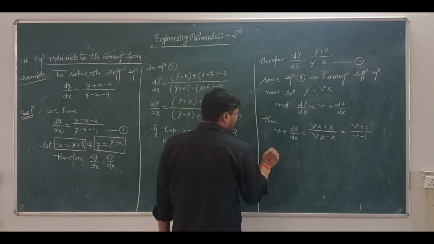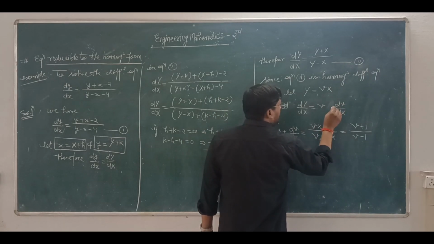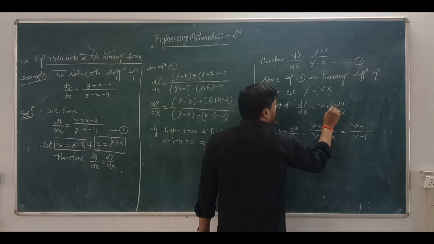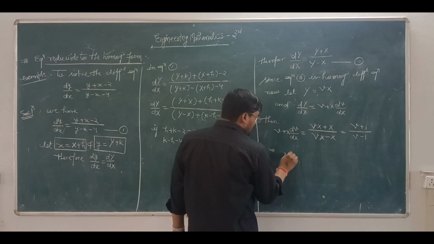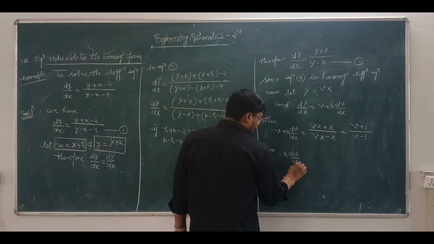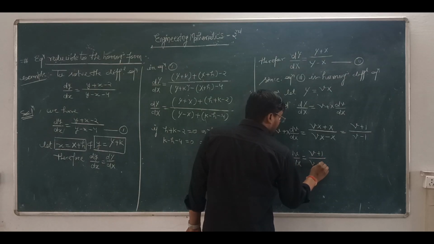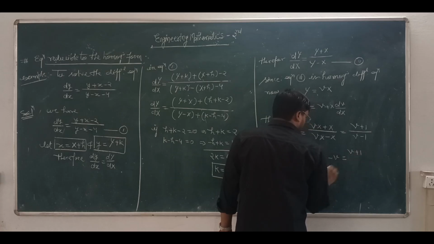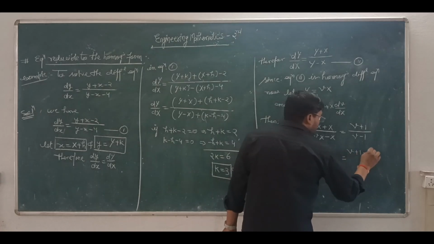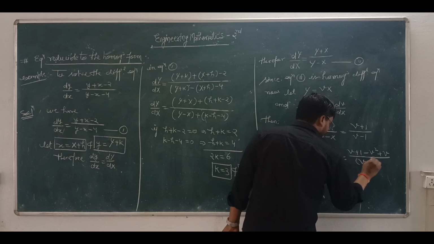Now you can write X dv upon dX is equal to v plus 1 upon v minus 1 minus v. You can write v plus 1 minus v square plus v total upon v minus 1.